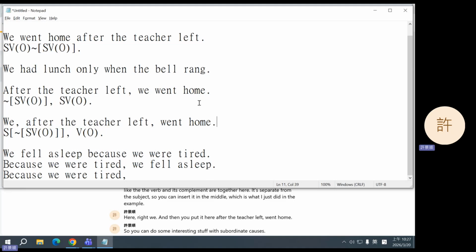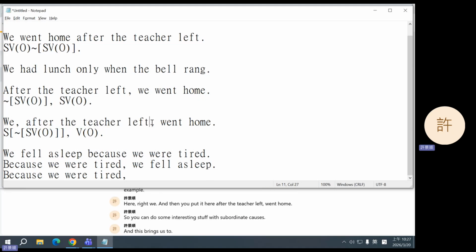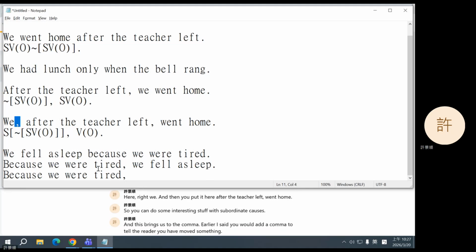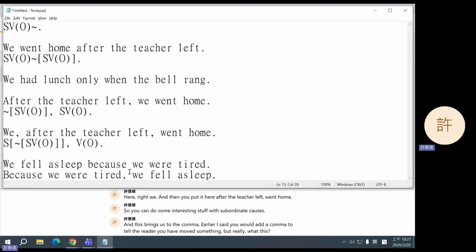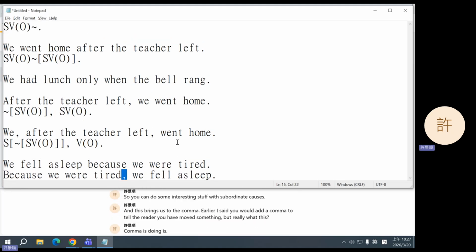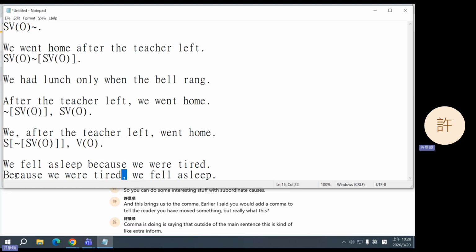And this brings us to the comma. Earlier, I said you would add a comma to tell the reader you have moved something. But really, what this comma is doing is saying that outside of the main sentence, this is kind of like extra information. It is not necessary to the grammar.